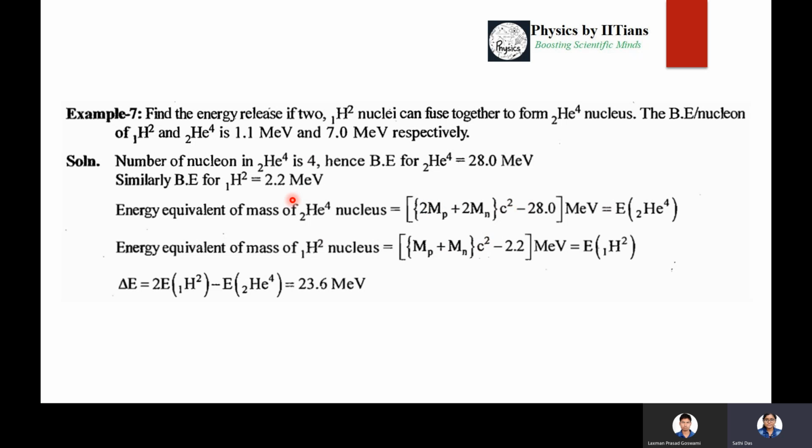So you are finding the equivalent energy of the mass of 2He4, and you are also considering the equivalent energy of the mass of 1H2. Then you have to compute the difference and you will get 23.6 MeV. So hopefully from this example you have some idea about the binding energies for fusion energy.